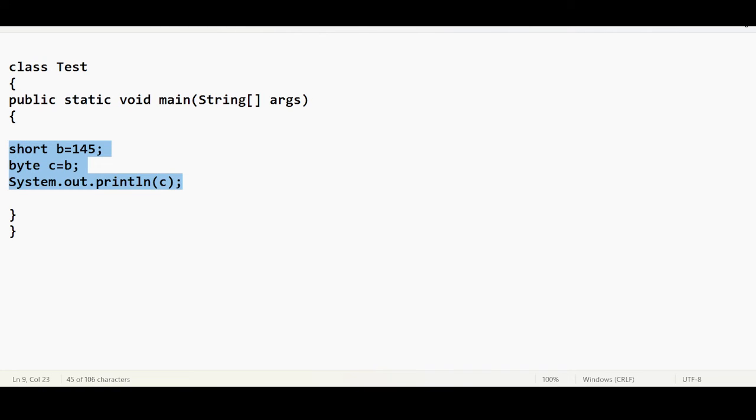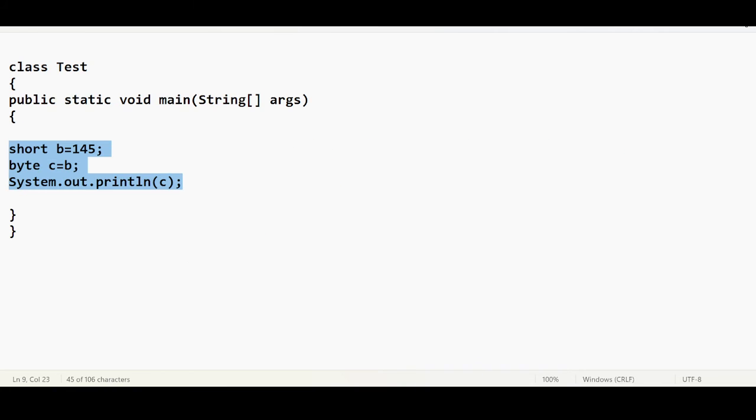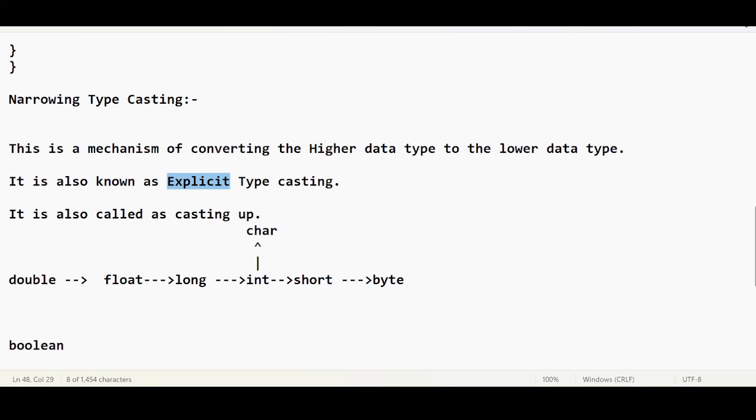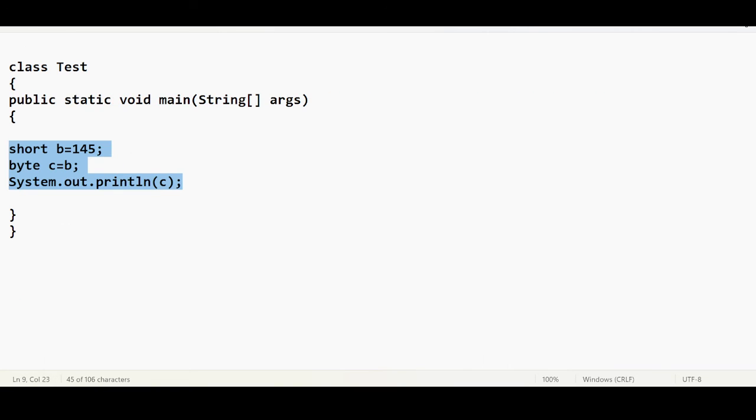Also, we are getting some kind of output in the console. Right? Theory says it is possible, but theory also says that this is known as explicit typecasting. Explicit. We need to do some changes. We need to do some typecasting. Explicit. Previously, it was implicit. Now, explicit means the programmer has to take some responsibility to do the typecasting.